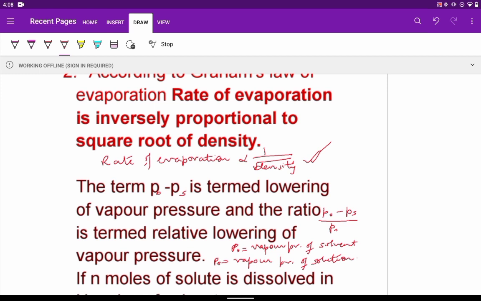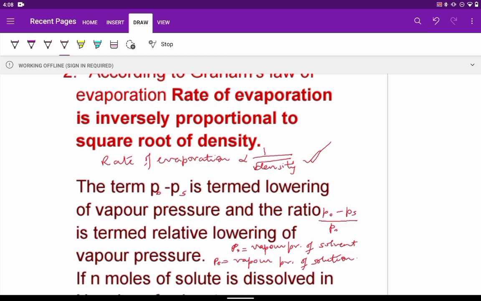Now, if there is a mathematical expression by which we can term the relative lowering of vapor pressure, how can we do it? If we denote vapor pressure of solvent by PS, PS is the vapor pressure of solution, and PO that of pure solvent.